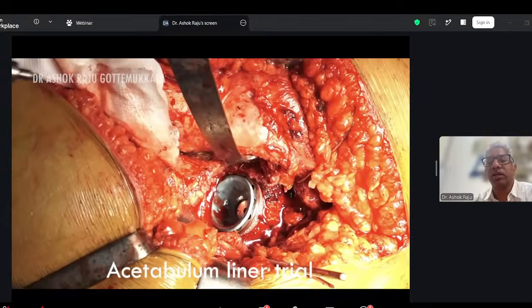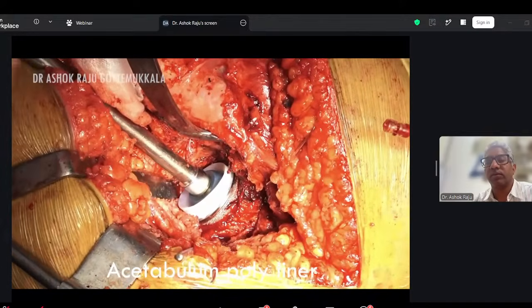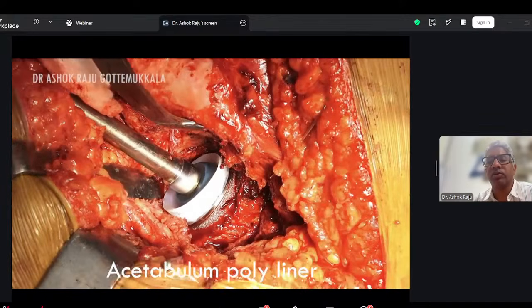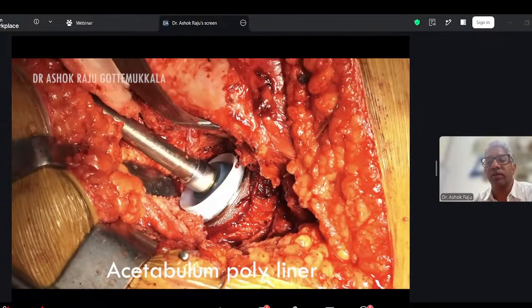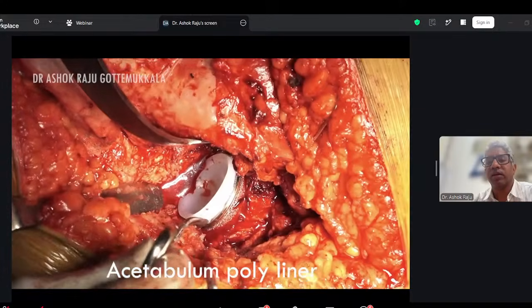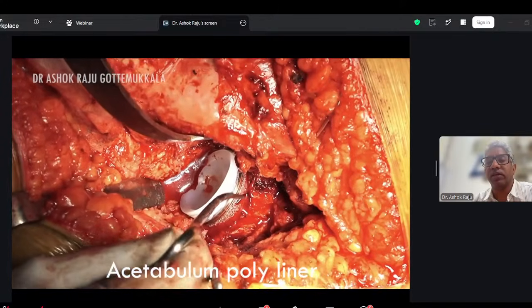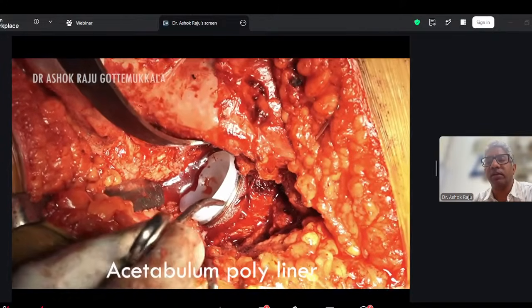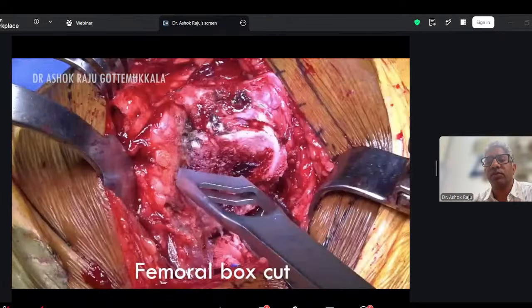Then you trial with your trial liners, or you can put your original liner if you're confident enough, and then you bang your liner, and you see that your liner is locked very well rather than being loose. You have to cross check that.